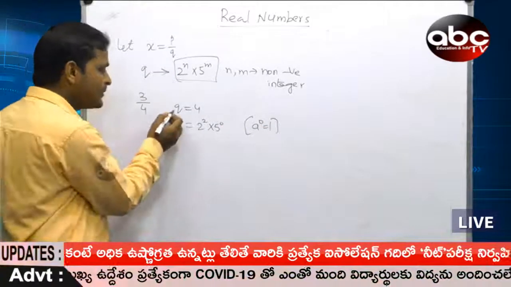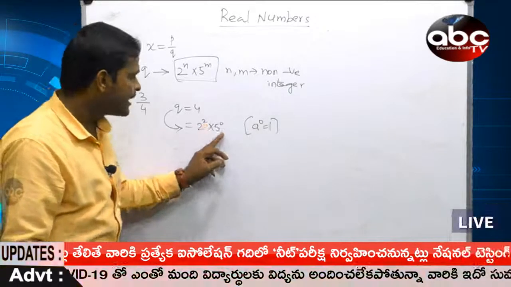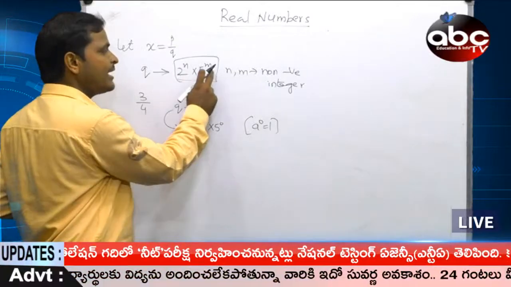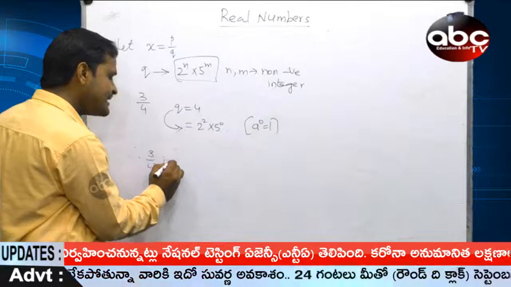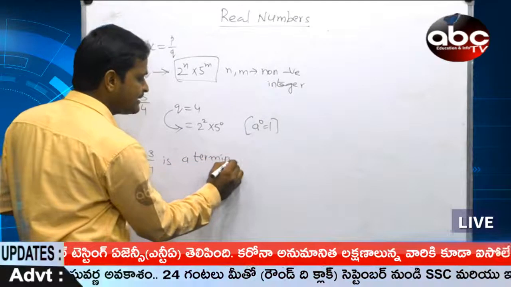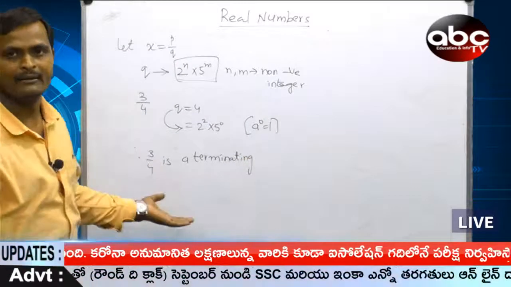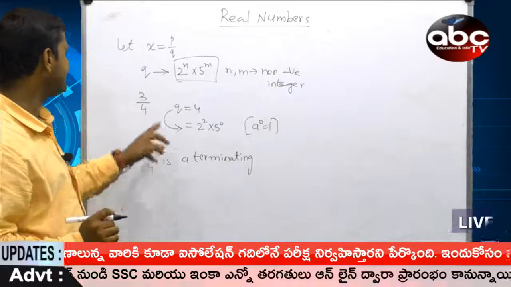Therefore, here Q is in the form of 2 power 2 and 5 power 0, that is 2 power n into 5 power m. Therefore, 3 by 4 is terminating. Okay student, is it clear? Without doing division we can say directly, based only on the denominator, that is Q.